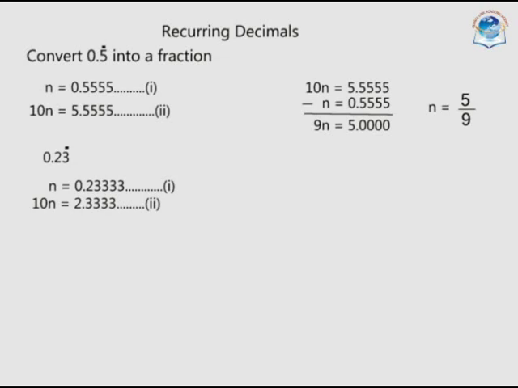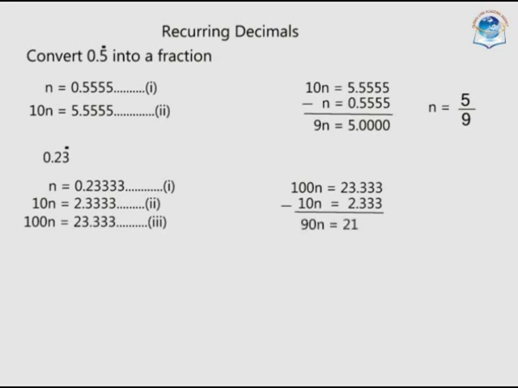So we move on and multiply equation 1 by 100 instead. 100n is equal to 23.33. Now we can subtract equation 1 from equation 3, 100n, and we shall have 90n is equal to 21. n is equal to 21 over 90. Simplified is 7 over 30.